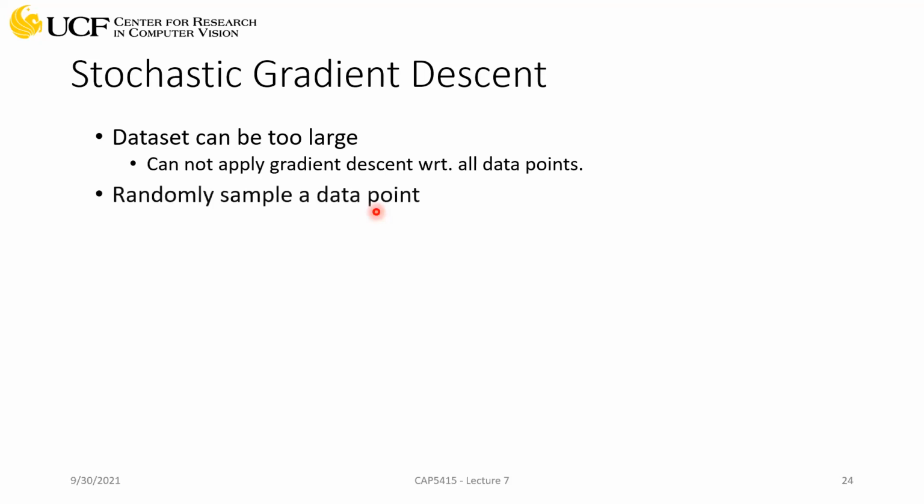If you do that, you have to select a few data points at once, and when you update the weights, when you backpropagate computing the gradients, it will not be based on all the data points, right? It will be only based on the samples you have at that moment of time.